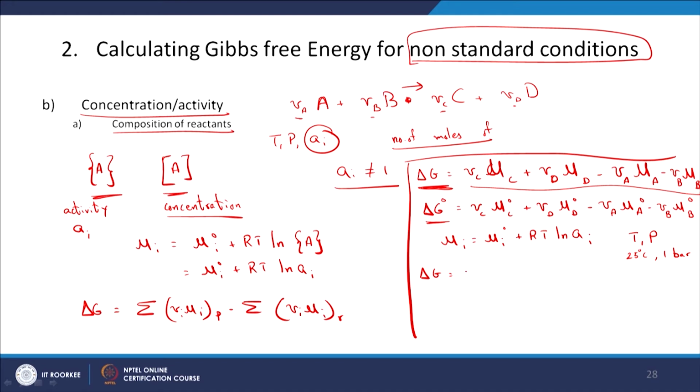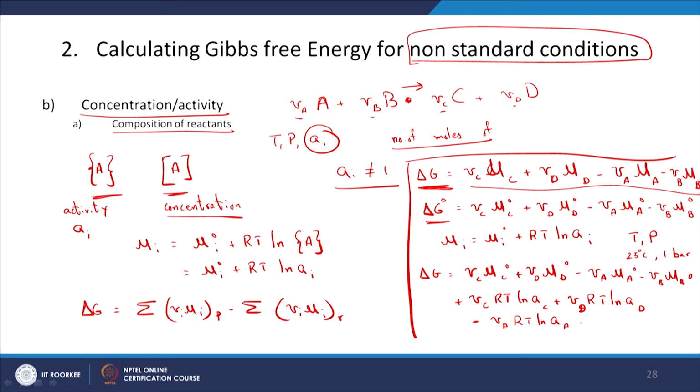So, what will that be equal to? That will be equal to nu C mu C naught plus nu D mu D naught minus nu A mu A naught minus nu B mu B naught, right, plus nu C RT natural logarithm of activity of compound C plus nu D RT natural logarithm of activity of D minus nu A RT natural logarithm of activity of A minus nu B RT natural logarithm of activity of B, right.